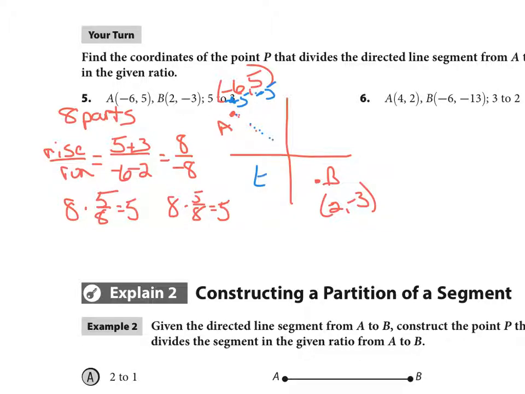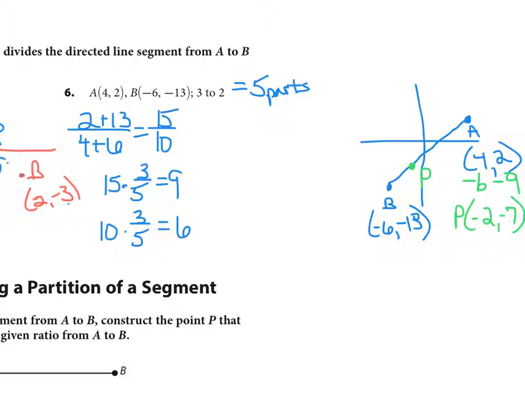So I get negative 1, 0, which is where my point P is going to be. And 5/8 is just a little over halfway, isn't it? Now I want you to try 6 and then come back and check your answer. If you did this right, you would get point P at negative 2, negative 7. If you've got any questions about that, ask me tomorrow.